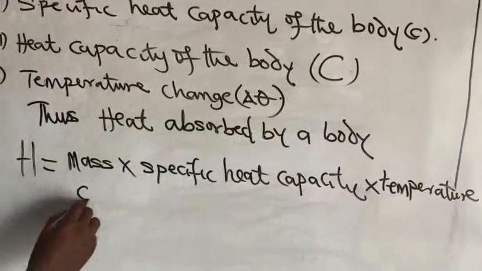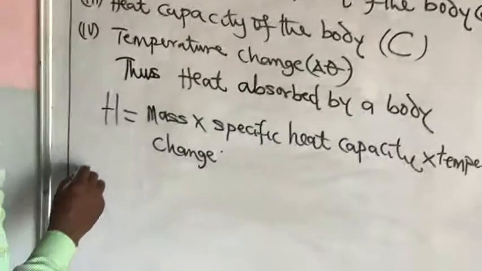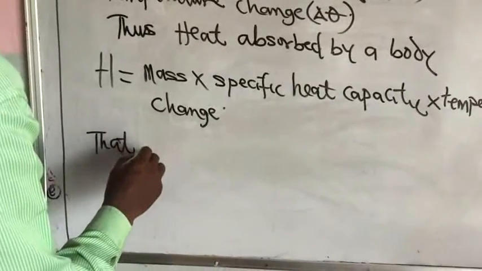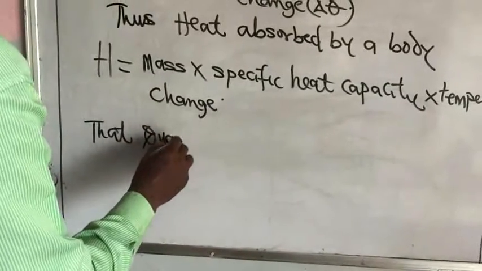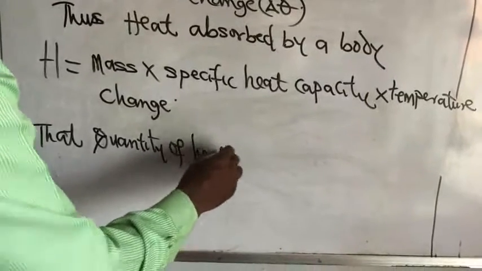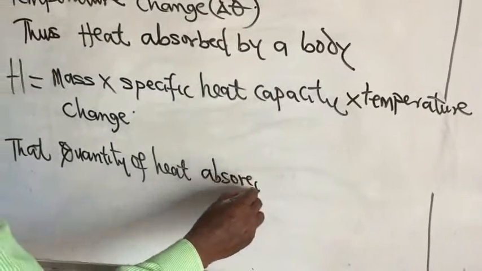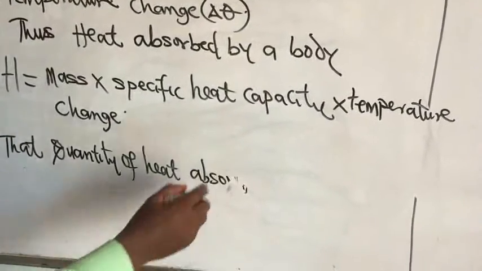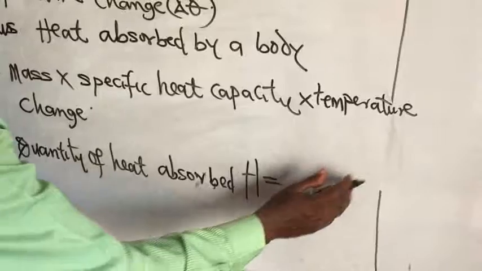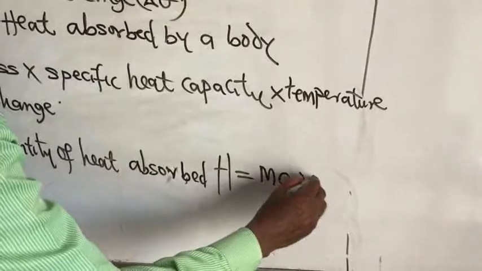That is, the quantity of heat absorbed, capital H, is equal to m small c delta theta.